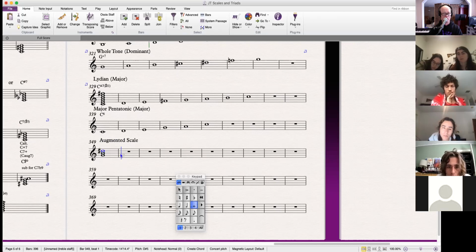Okay. Now let me spell it melodically. And then we're going to use another augmented triad a whole step above this one. If I spell that melodically, oh, sorry.